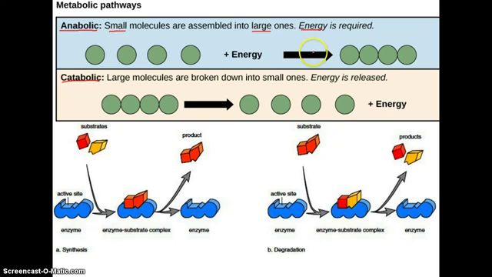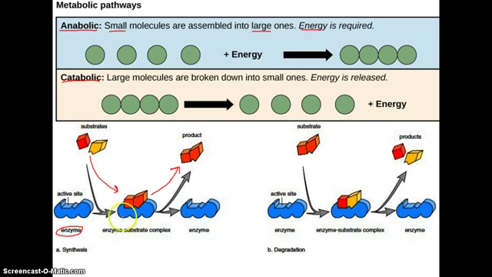Okay, so if we come down to this picture down here, we have enzymes that are considered anabolic enzymes, where our reactants, our substrates, are smaller, and when they bind to the enzyme at the active site, instead of breaking them apart, the enzyme actually works to stick them together and make a much larger product, a larger molecule. Therefore, this is an example of an anabolic process and an anabolic enzyme.